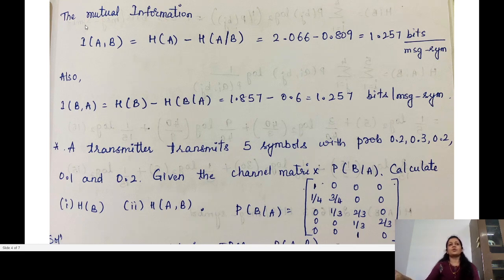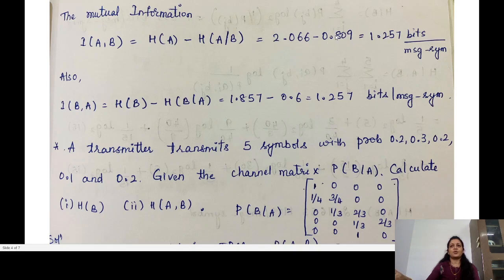Now by using those entropies we can go for the calculation of the mutual information. The mutual information would be the loss in uncertainty, or the reduction in uncertainty: priori entropy minus equivocation. We know the value of priori entropy and also the equivocation.